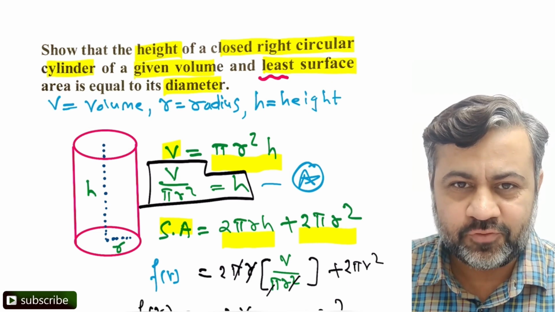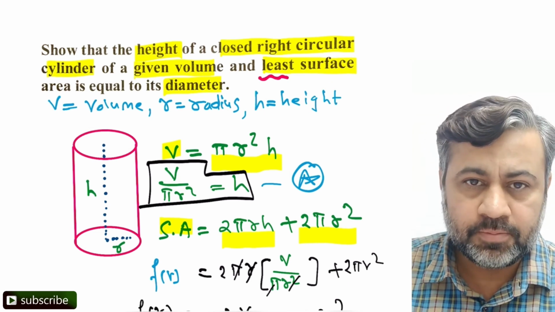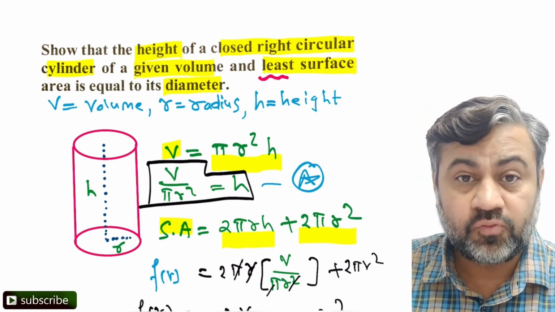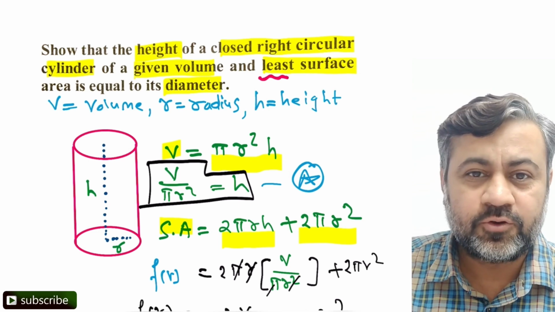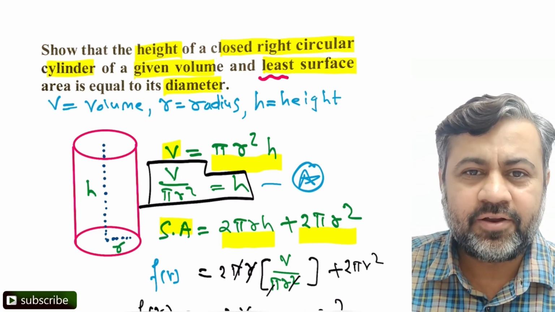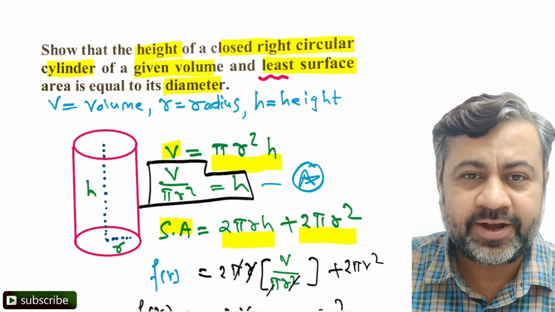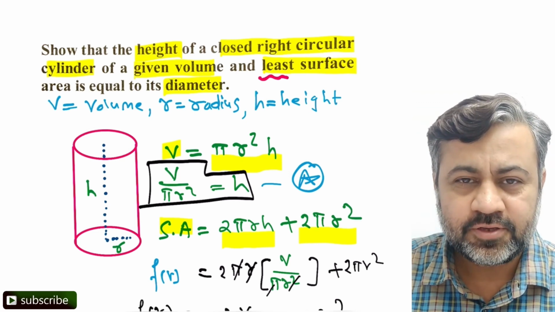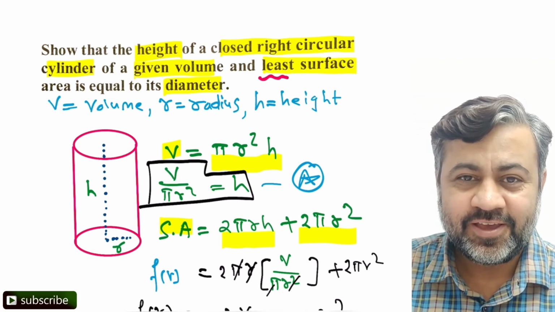Read the question carefully. Least surface area means surface area has to be minimum. Given volume means volume is constant. This condition helped me convert everything into a single variable, and I wanted to prove that height is equal to diameter. That means height is equal to 2 times radius. Very nice question. Expect such questions in the exams.